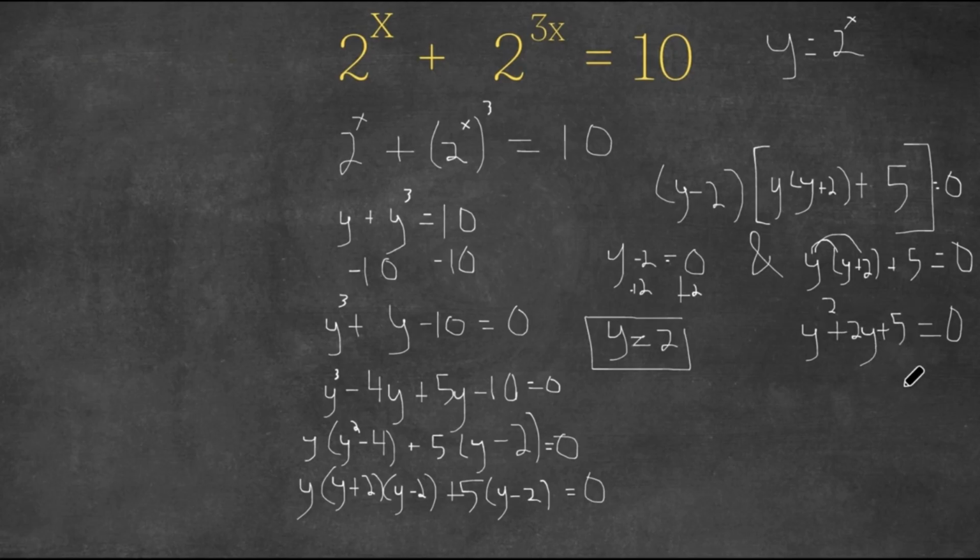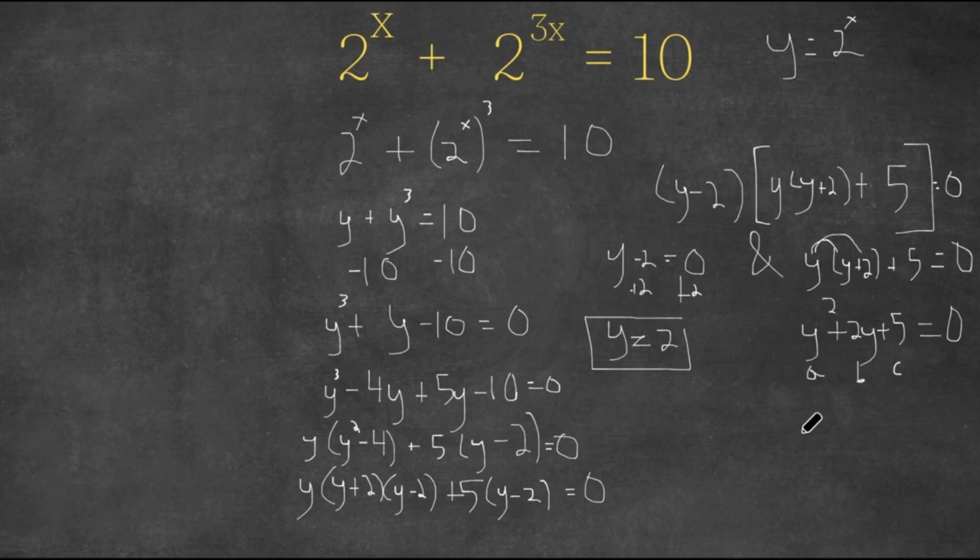And now, as you see, we have a quadratic equation here, and we want to solve this. So we're going to use our quadratic formula, negative b plus or minus the square root of b squared minus 4ac all over 2a. Remember, y squared is a, 2y is b, and 5 is c.